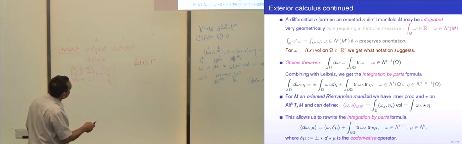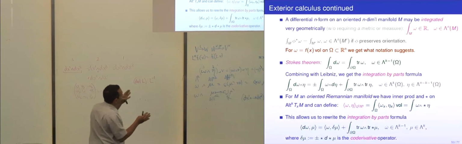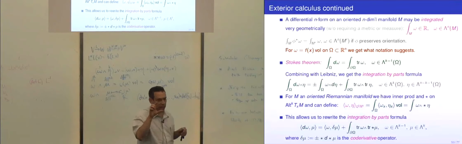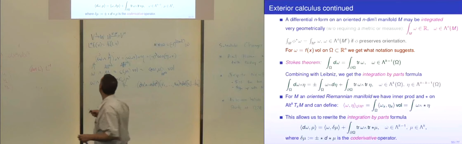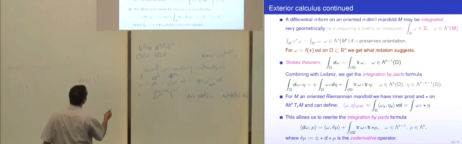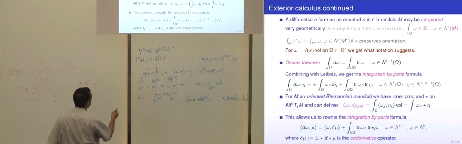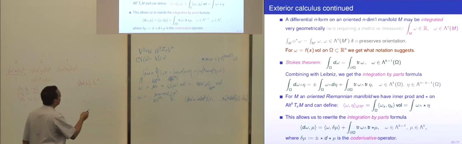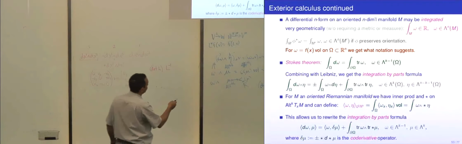If you have an oriented Riemannian manifold, then in every tangent space, we have the Hodge star on all k tangent spaces. And an oriented Riemannian manifold does have a measure on it because it has a metric on it, and so you can say that an orthonormal basis has measure 1, volume 1. And so we can talk about taking the inner product at every point and then integrating it over the manifold, so we have an L2 Lambda k inner product on a manifold with a metric, a Riemannian manifold. There's the real formula.